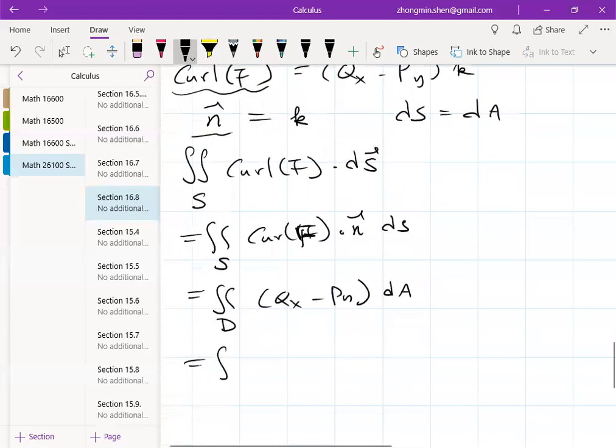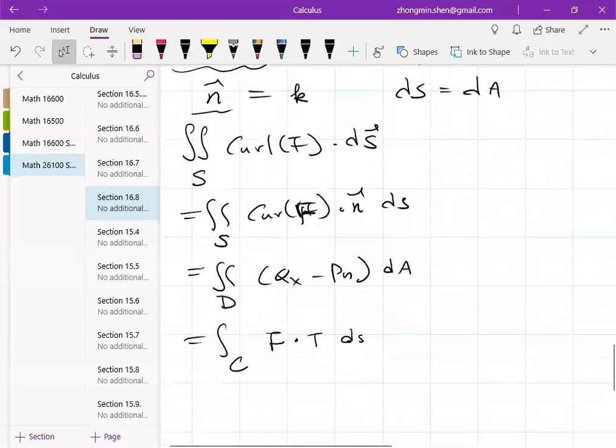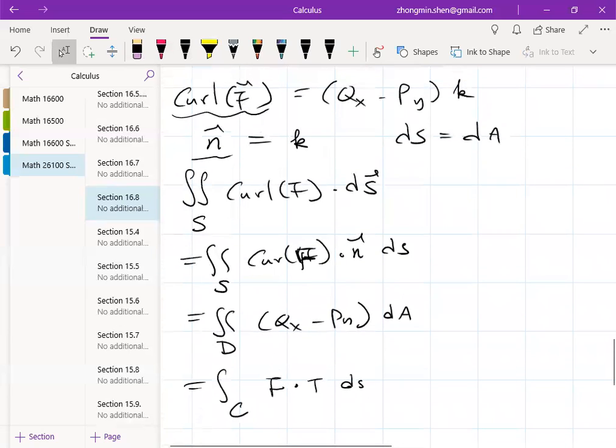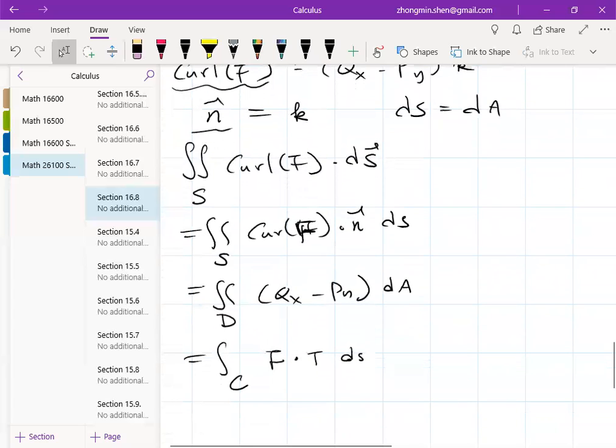Then according to Stokes theorem, this is going to be the boundary integral over C of F dot T ds, right? This F is in the XY plane.